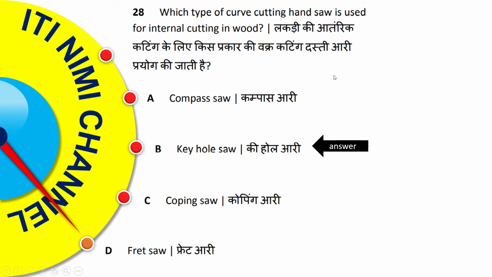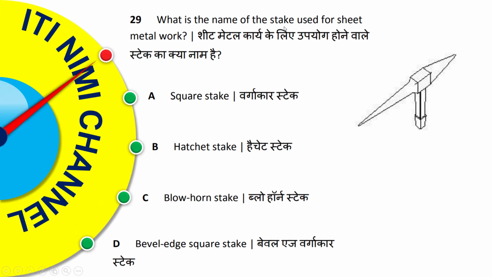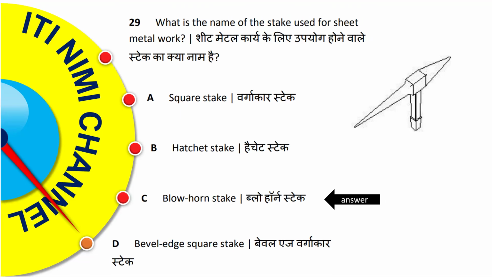The answer is keyhole saw. What is the name of the stake used for sheet metal work? You have to tell what is the name of this stake. Square stake, hatchet stake, blowhorn stake, bevel edge square stake. The answer is blowhorn stake.